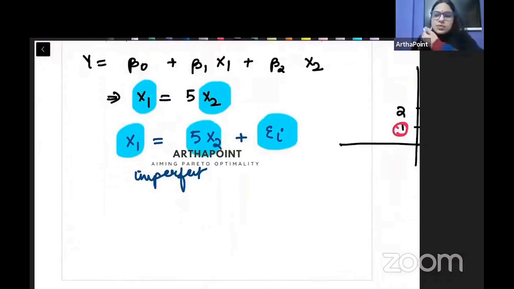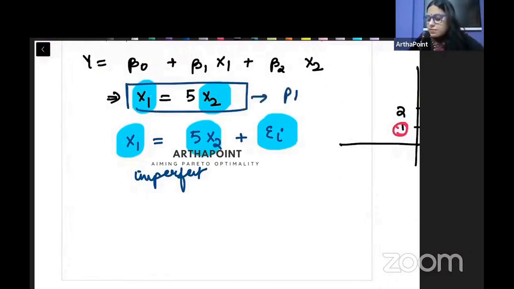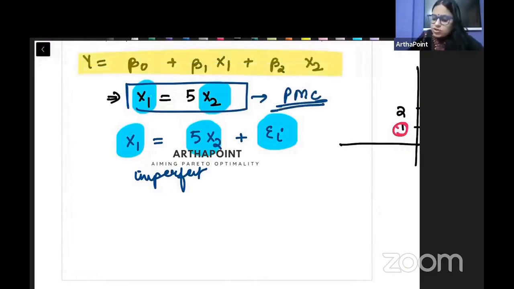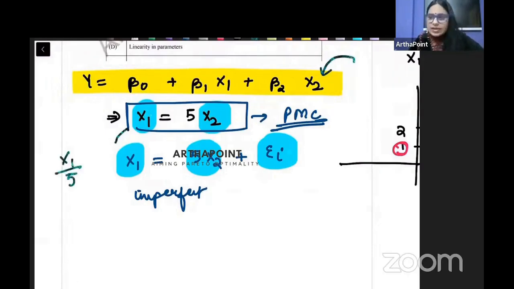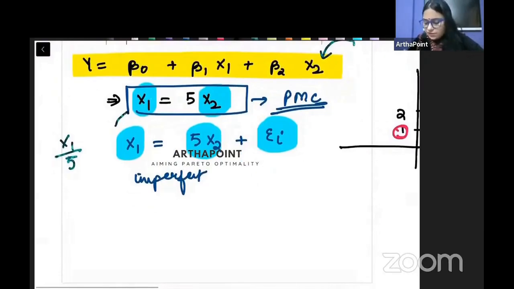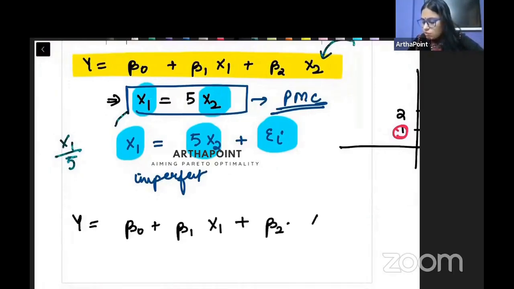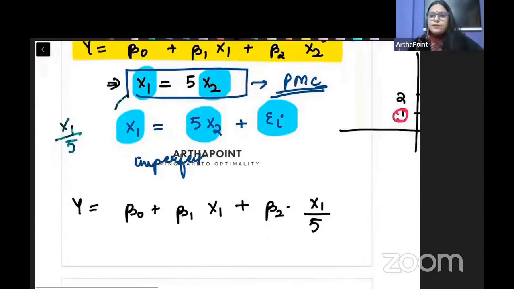Now, we have to understand this carefully, beta. If x1 is 5x2, it means there is perfect multicollinearity. Let us go back to this regression equation once. What can I do? Instead of x2, can I write x1 divided by 5? I can. So I will say y is equal to beta naught plus beta 1 x1 plus beta 2 x1 divided by 5.